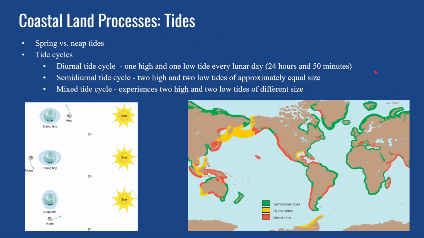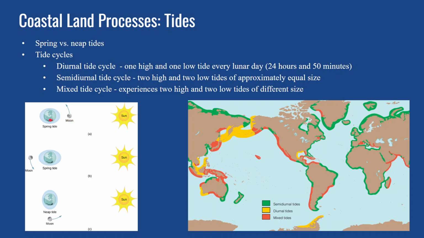So I'm also going to talk about tides briefly, and we'll start off with this concept of the spring versus the neap tide. Not all tides are the same height, and this is because while tides are mainly caused by the moon, the sun also has a gravitational effect that enhances the tides.